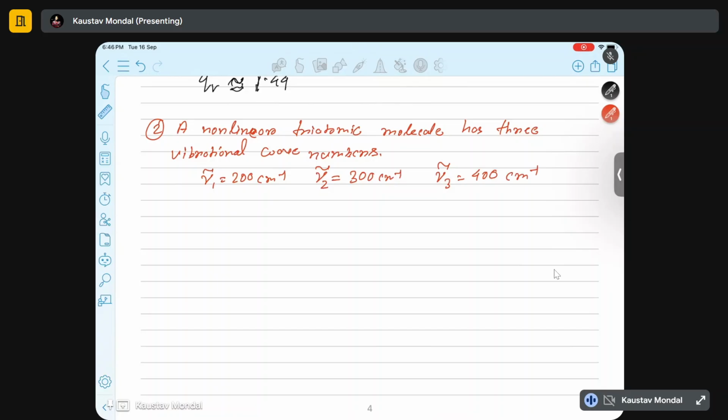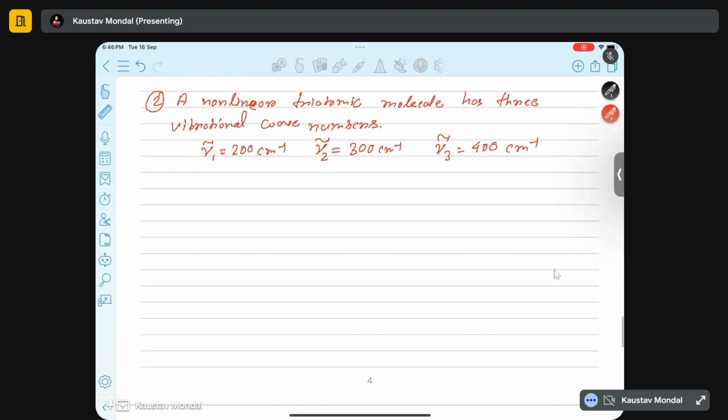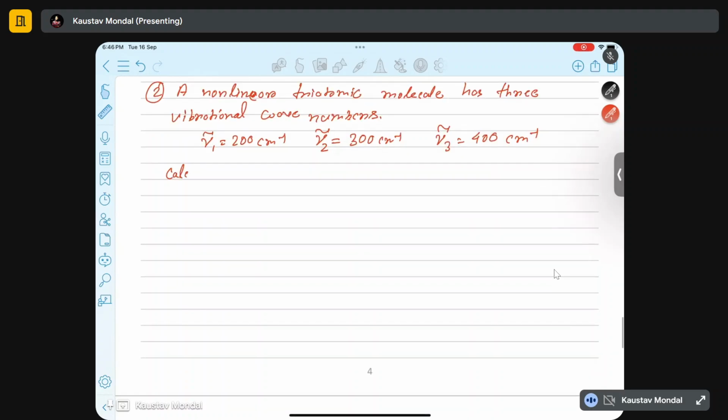Now we have to calculate the vibrational partition function QV at temperature T equal to 1000 Kelvin.